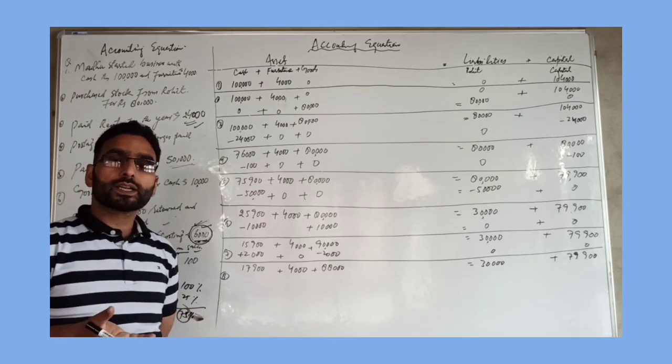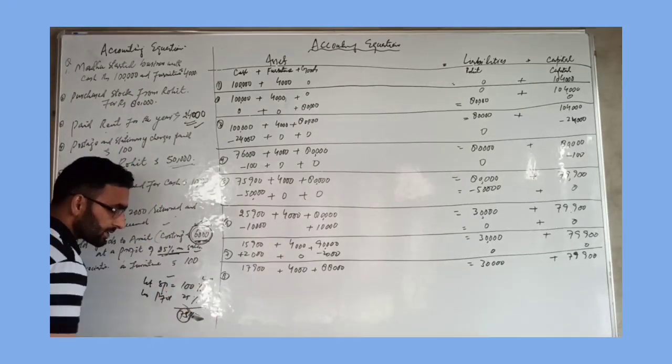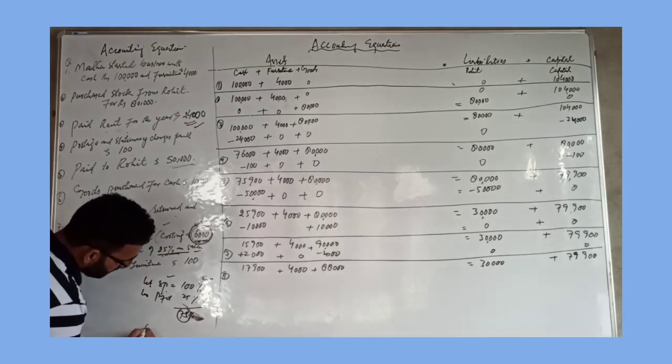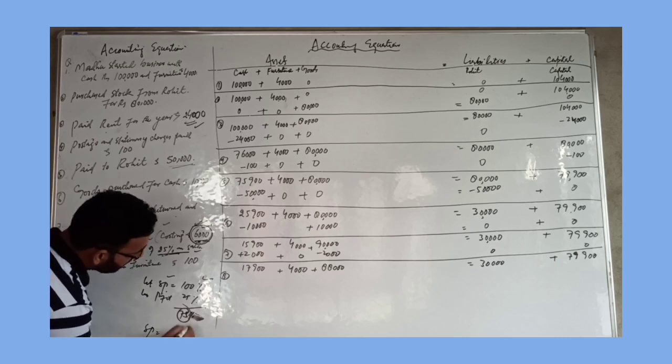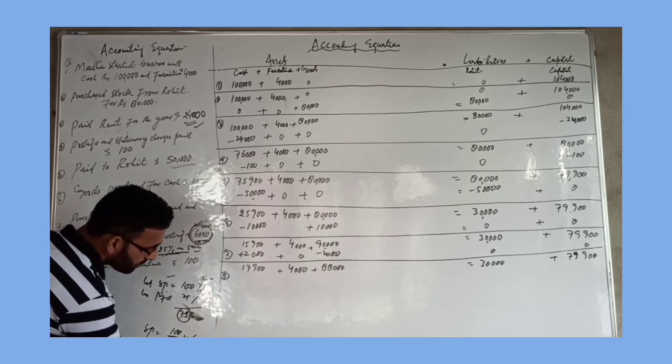Now we can calculate the selling price. How much is the selling price? Selling price is 100%, cost price is 75%. So we can calculate the selling price: 100 divided by 75 into 6,000, that is equal to 8,000.